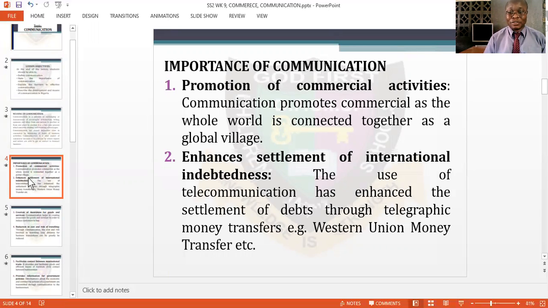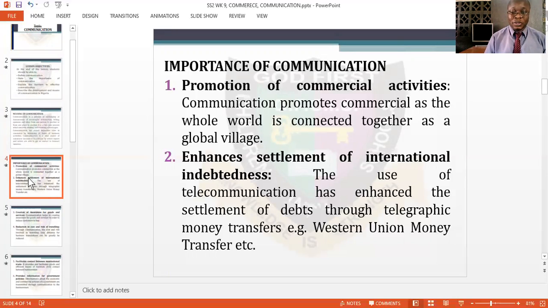The use of communication has also enhanced the settlement of international indebtedness, through telegraphic money transfer.